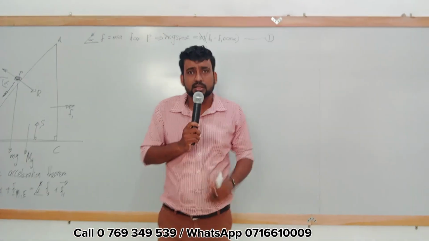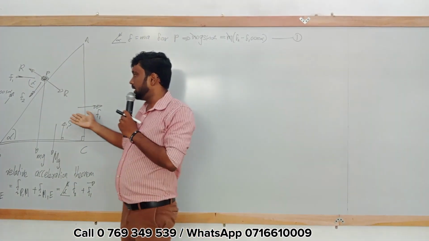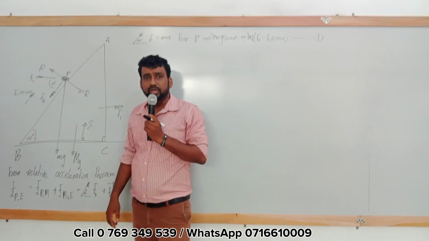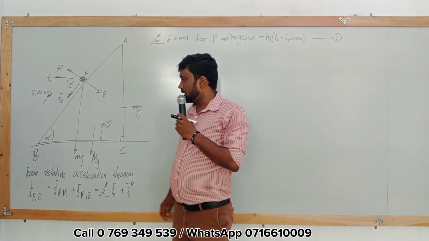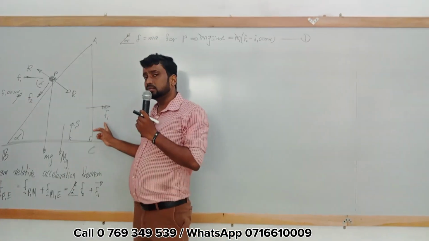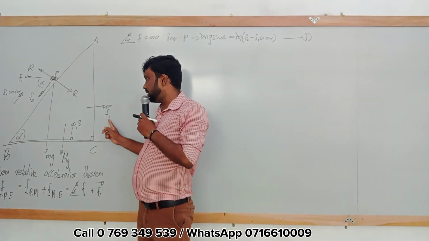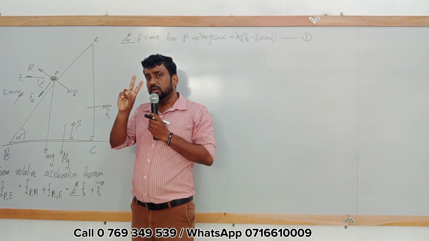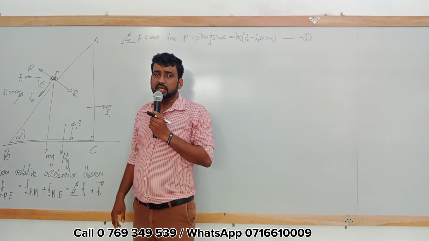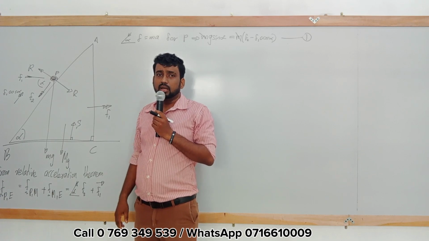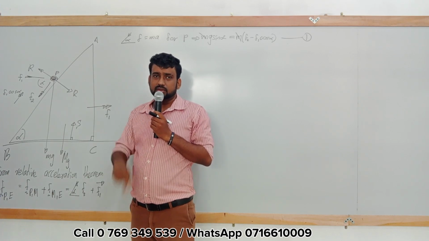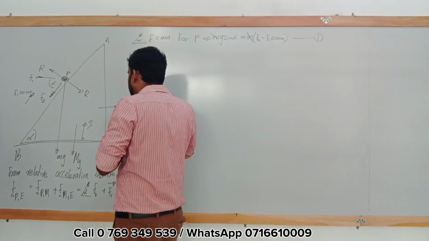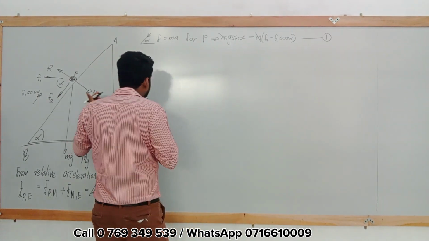Now the second one, for the system. We need two equations. Why? Unknown things, F1 and F2, no? We have two unknown items, then we have two equations, right? Another one, the complete system.